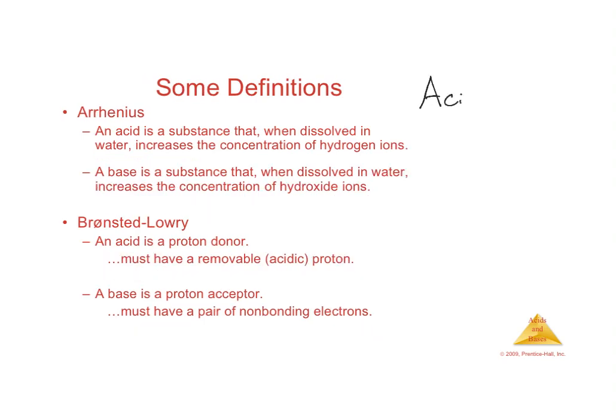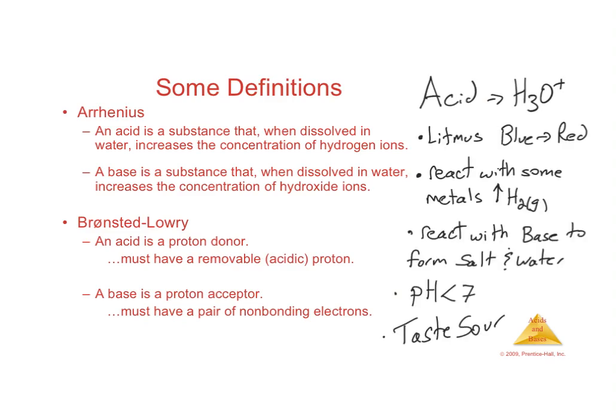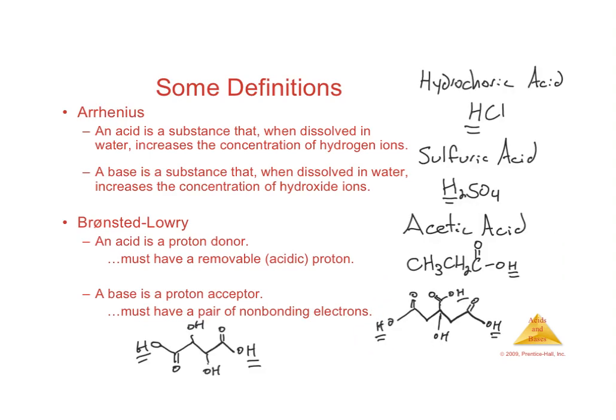So we know that acids produce hydronium cations in aqueous solution. Some of the other common properties of acids are that they turn litmus from blue to red. They react with some metals and form hydrogen gas. They react with base to form salt and water. They have a pH less than 7, and they have a sour taste.